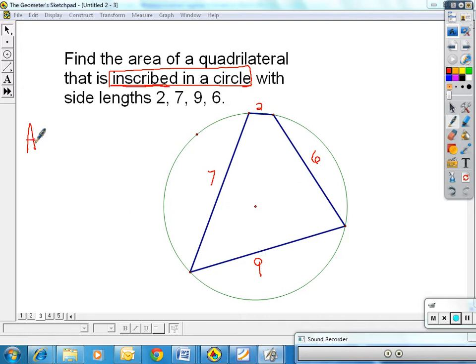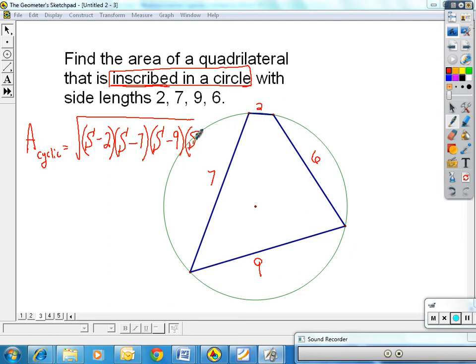My area, since it is cyclic, is the square root of the semi-perimeter minus a side length 2 times my semi-perimeter minus a side length of 7 times the semi-perimeter minus the side length of 9 times the semi-perimeter minus the side length of 6. Okay? Now let's find our semi-perimeter.